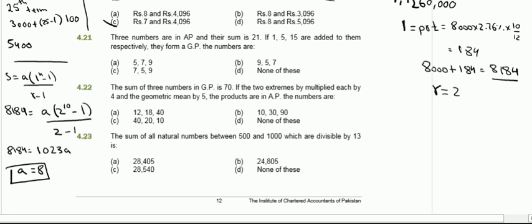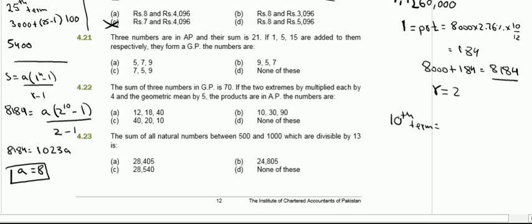We can eliminate option number C, and the last installment will be the 10th installment. So our 10th installment or 10th term will be A r power n minus 1, since this is a geometric progression.